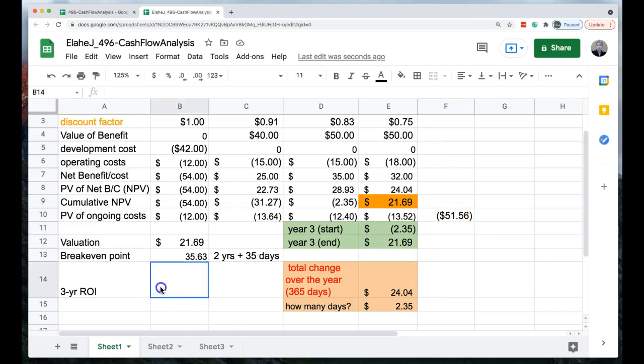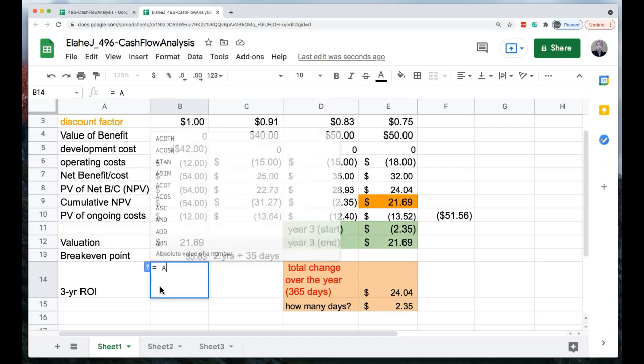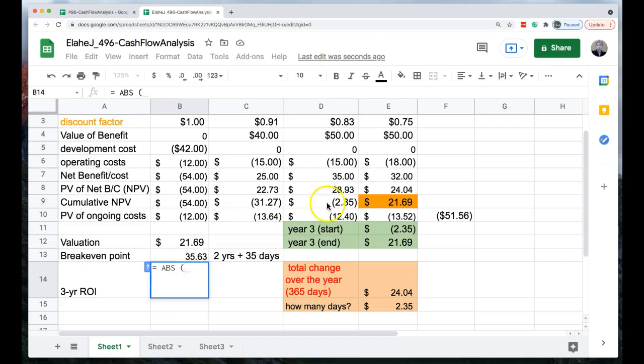That's the total. For return on investment, I'm going to put the absolute value. I don't need the negative numbers. So absolute value of the two costs, this cost, plus a total of development cost, plus that one, divided by the money that I have at the end. So that's what is left for the organization after they implement your framework.